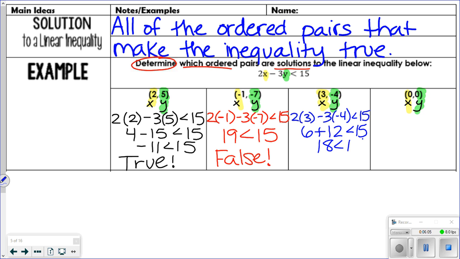Is 18 less than 15? Is the alligator mouth eating the bigger number here? No, so this is a false statement.